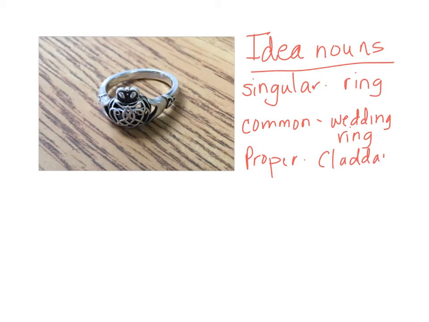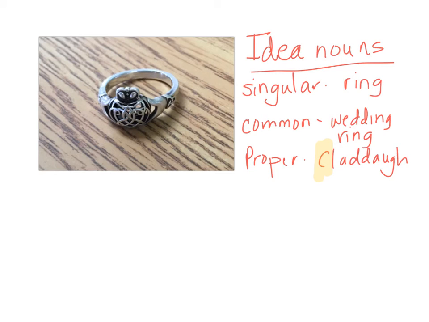a claddagh. And it represents two hearts and two hands and a crown. So again, because this particular piece of jewelry has an actual name, the claddagh, we would capitalize that. Most wedding rings are just going to be common, it's just wedding ring.